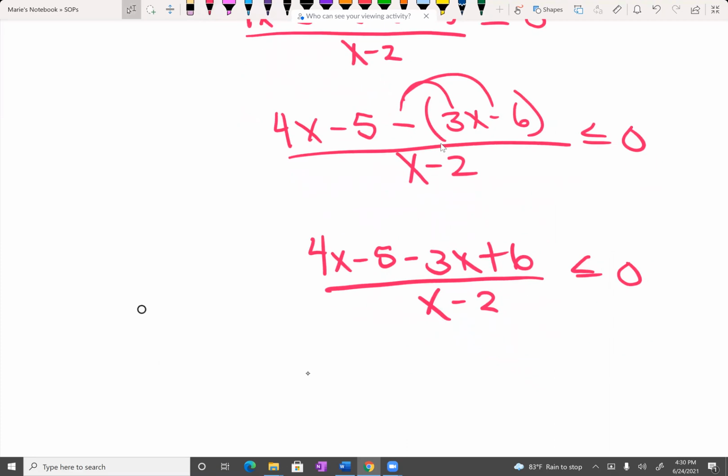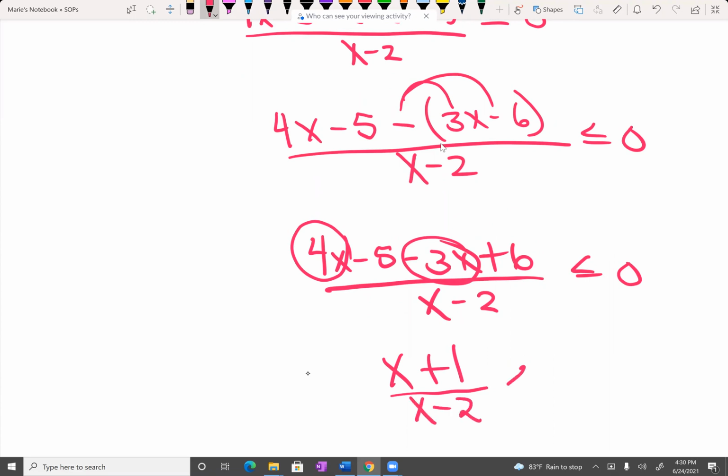If we combine our like terms, I have 4x minus 3x, which is just x, and then plus 1, right? Hence the 6 minus 5, over x minus 2. And this has to be less than or equal to 0.